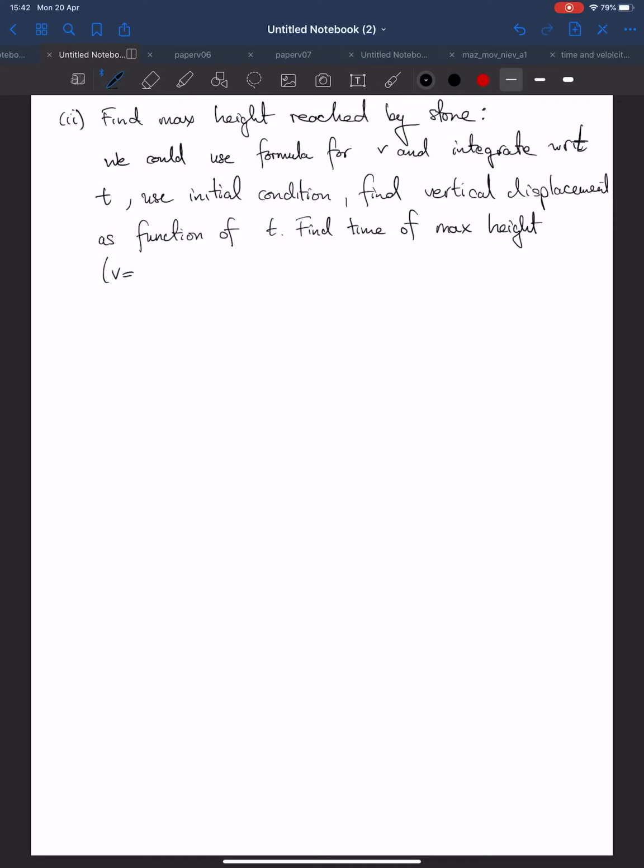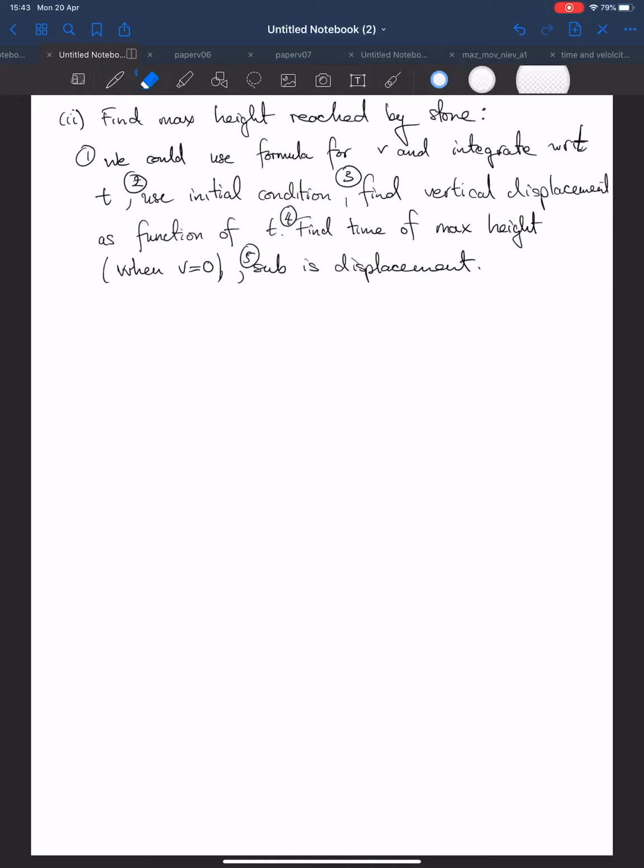Remember, this is when v equals 0, as I demonstrated on the graph before. And then sub in the displacement. Okay, so quite a few steps to do. So that's 1, 2, displacement at 3. Okay, find the max height, 4, and then 5, sub in displacement. So this is quite involved, but there is a quicker way.